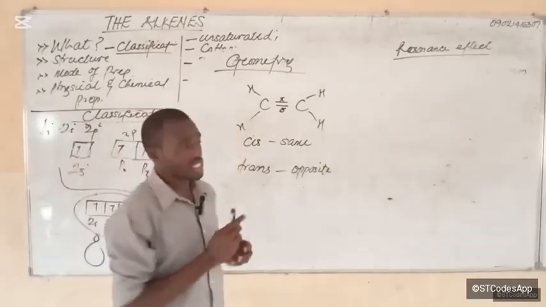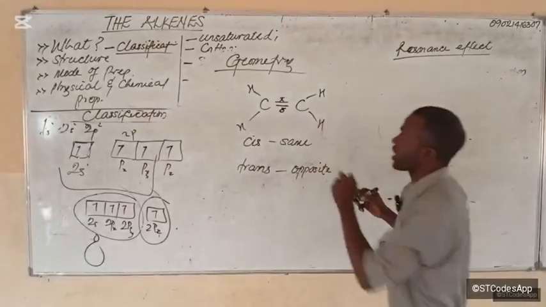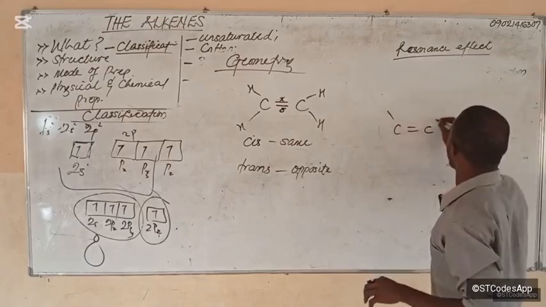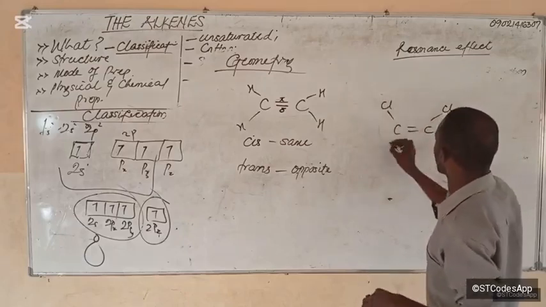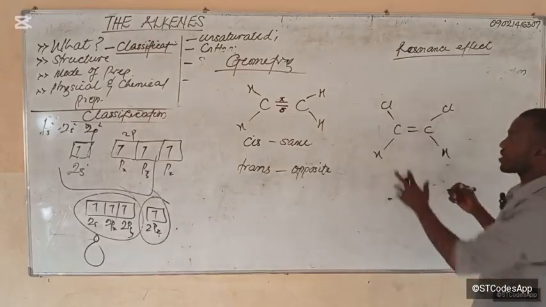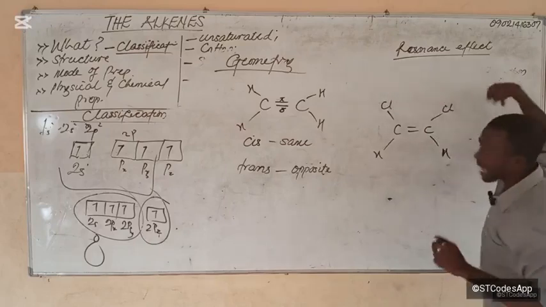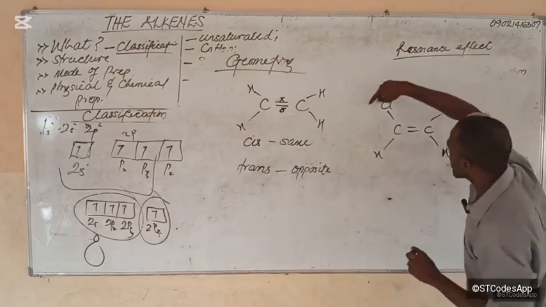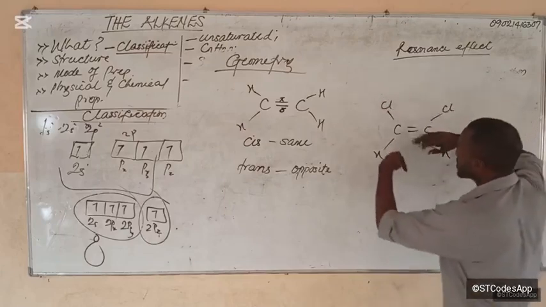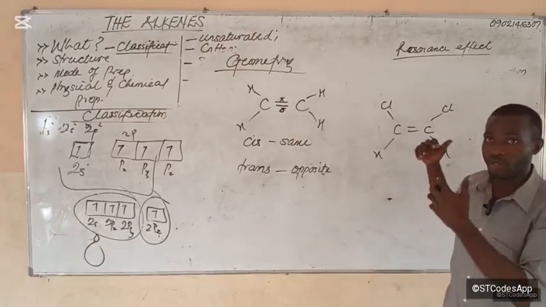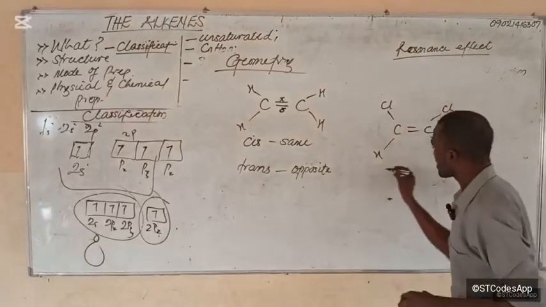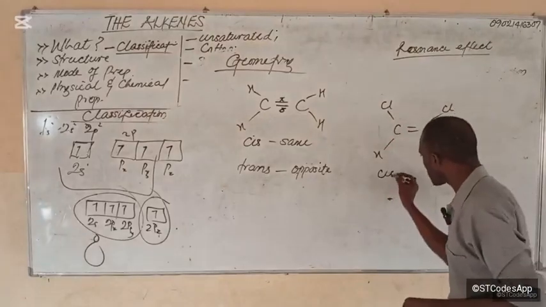Now, because students are usually confused about something like this, for example, look at this molecule. Now, this molecule is 1,2-dichloroethene. Looking at this guy, because the two chlorine atoms are attached on the same side of the carbon chain across the double bond, then it is a cis.